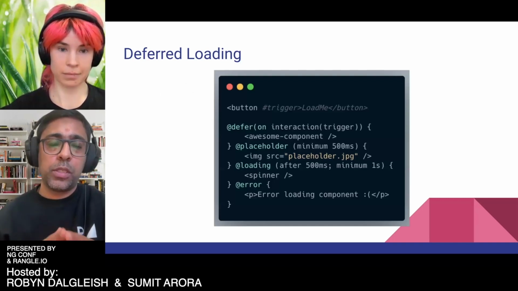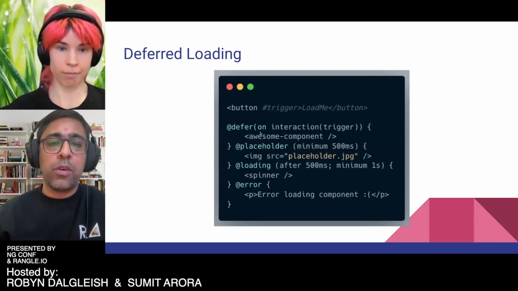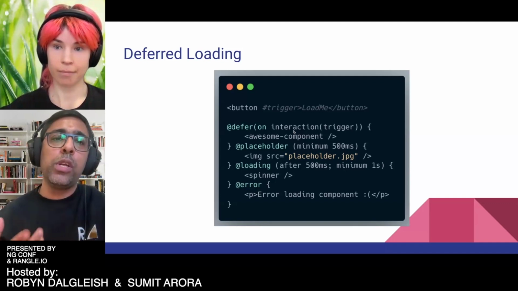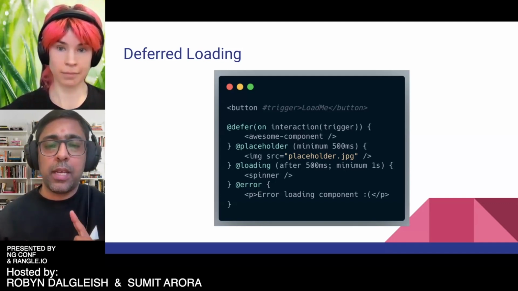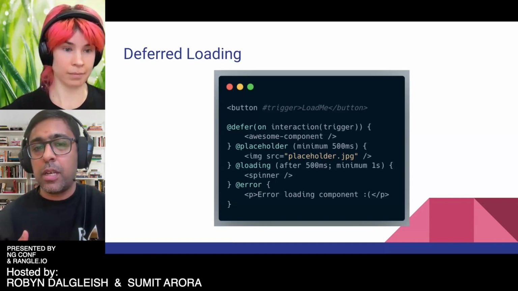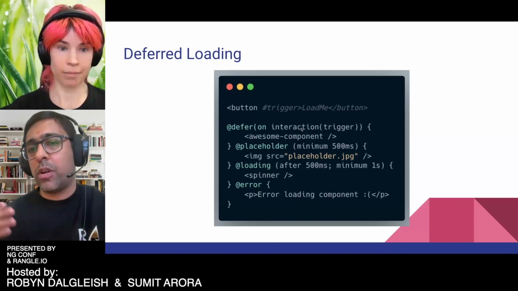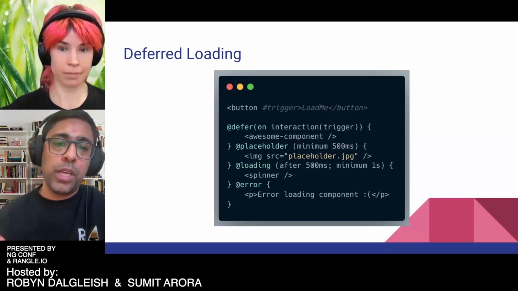So this is an example of how you do it. You add a defer block and you can have on interaction, saying, hey, when do we want my deferred component to be loaded? I can have a trigger. There are different interactions: viewport, clicking of a button, or you can even have your custom condition, saying only trigger it when a certain Boolean value or property gets set.